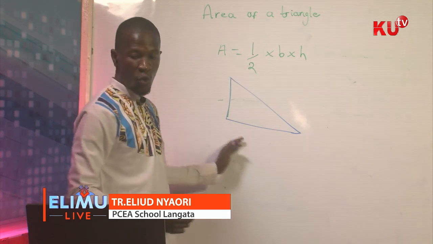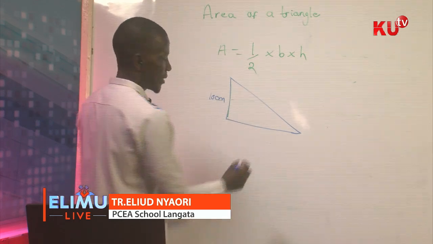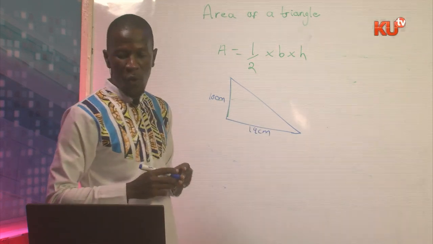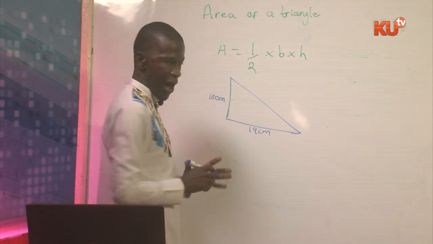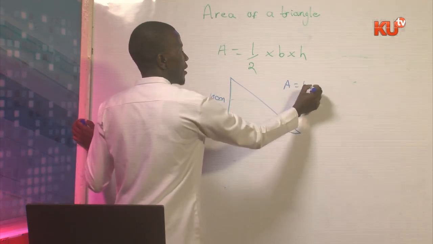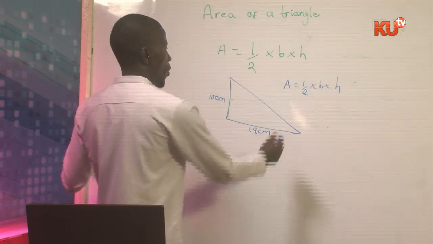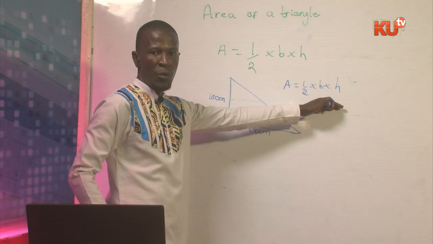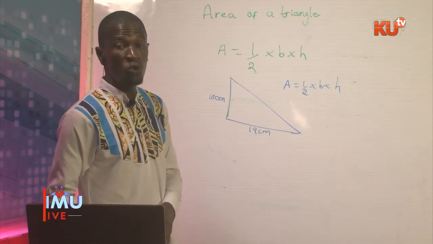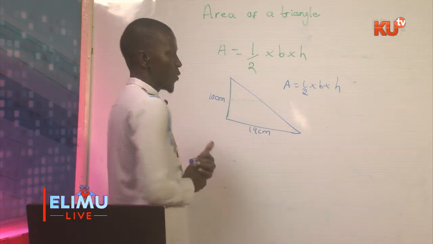So this is our drawing. This side is 10 centimeters. This side is 19 centimeters. Then we are required to get its area. I've said the area is equal to a half times base times height. So you will first write the formula. Then the second step is to substitute, or to change the letters with their original values.